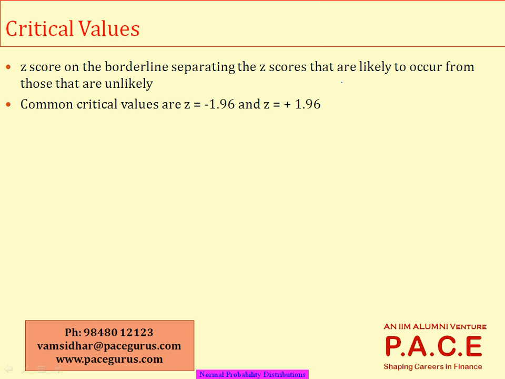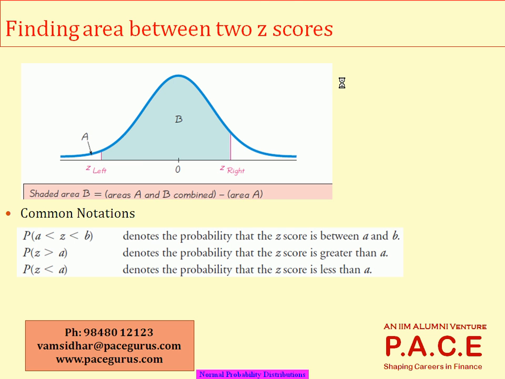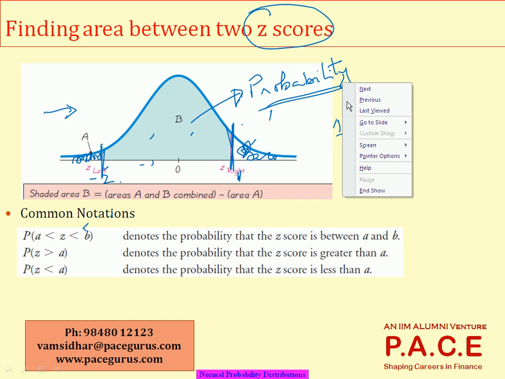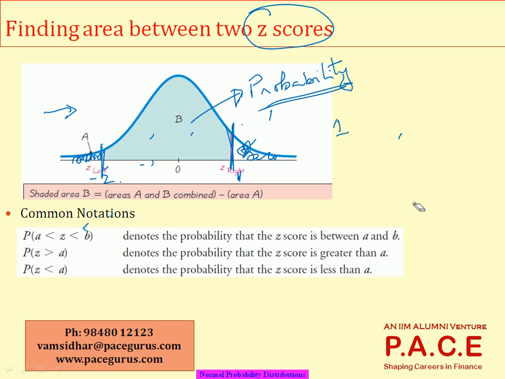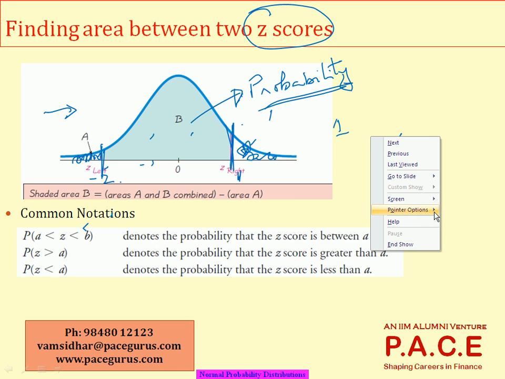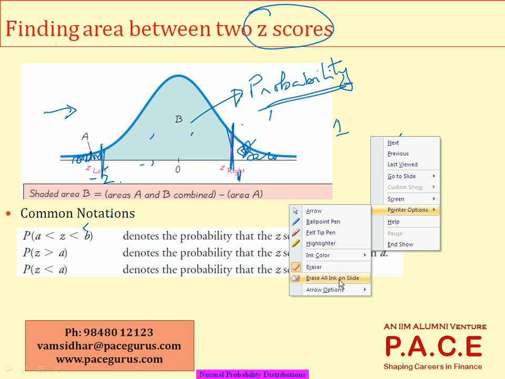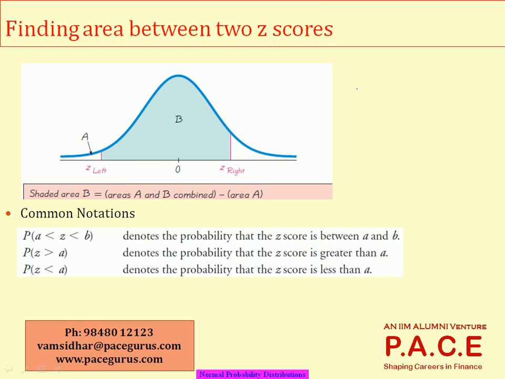And here we also need to talk about another topic called critical value. What does that say? Let's say from this graph I want to know what particular z value corresponds to this 95% of the area.